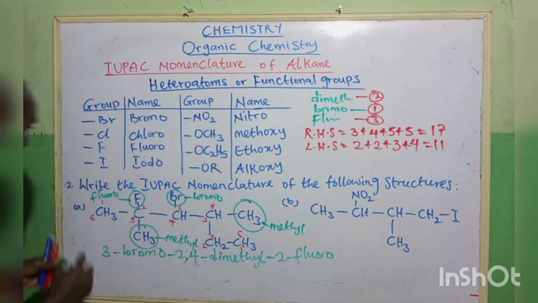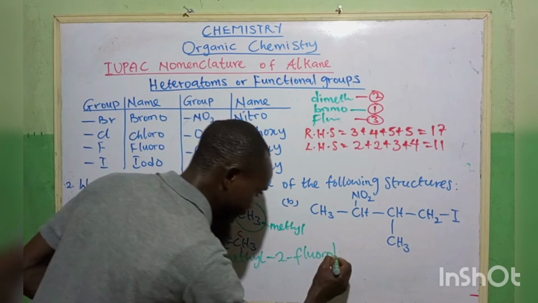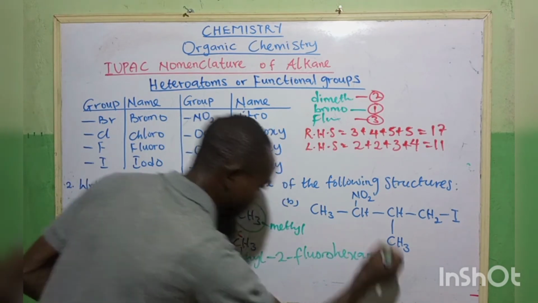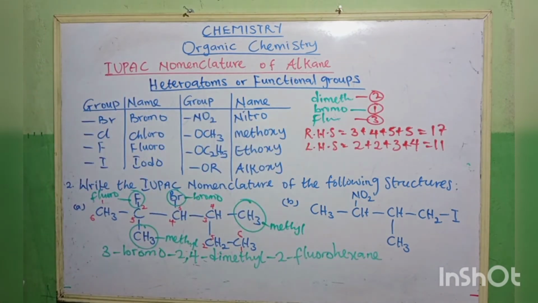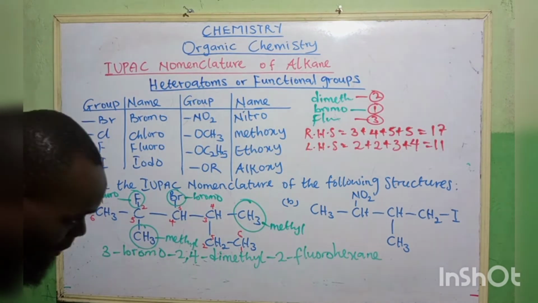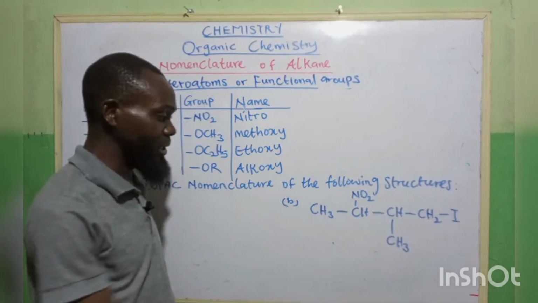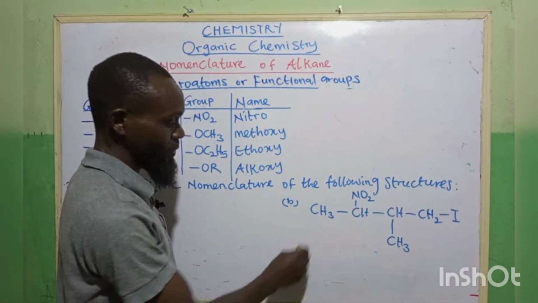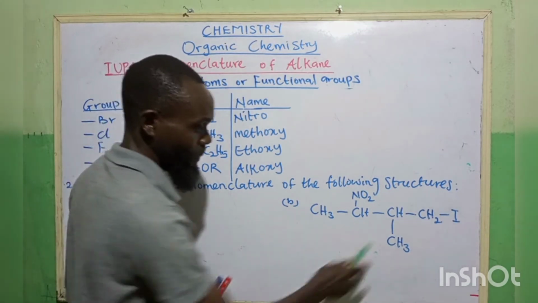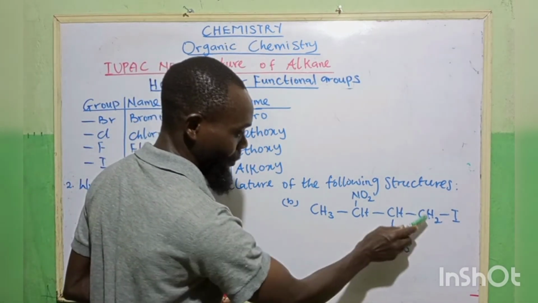So the longest name is 6. That is what? Hexane, since we are dealing with alkane. So this is the name of this compound. 3 bromo, 2, 4 dimethyl, 2 fluorohexane.